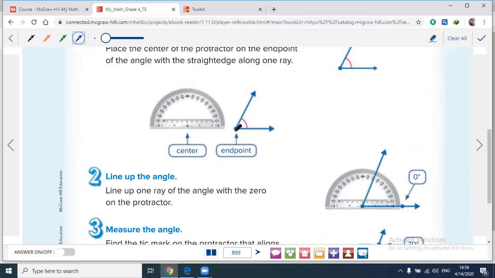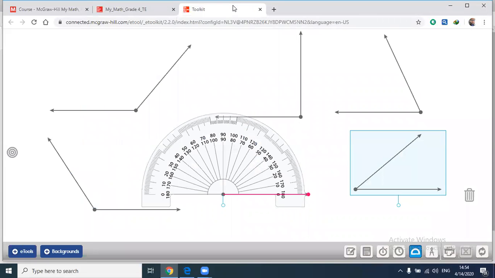The angle has two rays called the sides of the angle and one end point called its vertex. To measure the angle, we use a protractor as we see here.